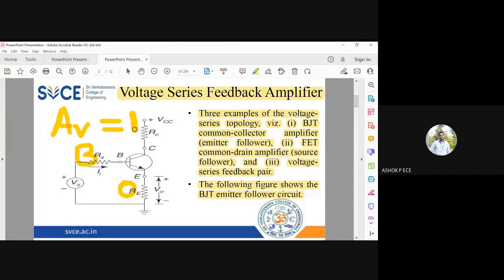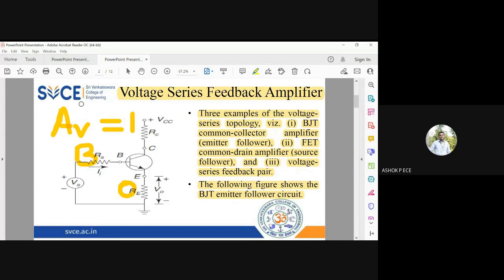So whatever is the input, that is going to be the output. The voltage gain is unity. There is a very good current gain because output current is emitter current and input current is base current. You will have a very good current gain, but the voltage gain is unity. It is called an emitter follower because the output voltage is going to follow the voltage across the emitter.